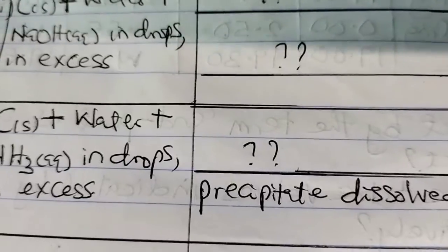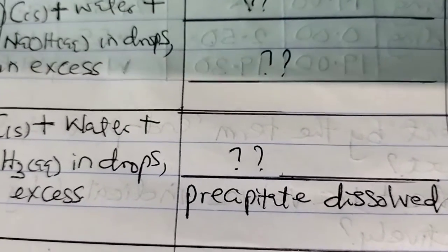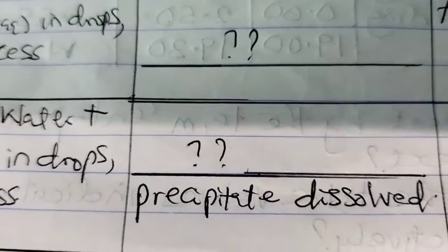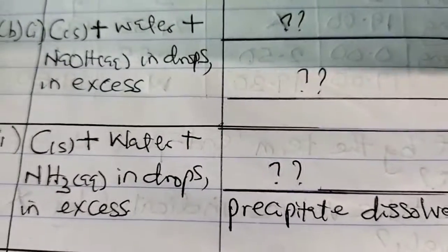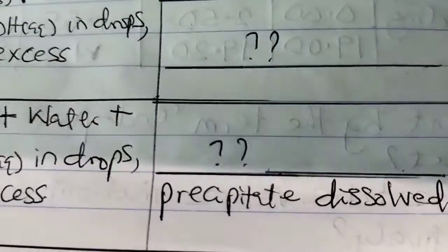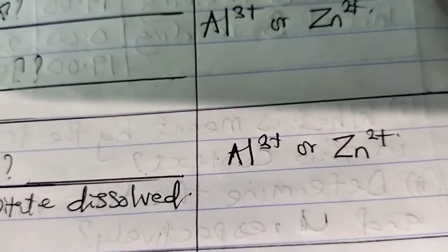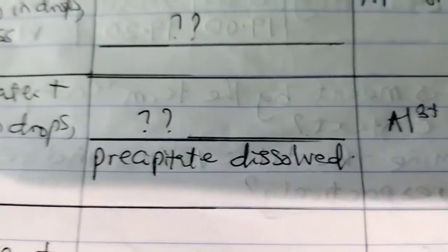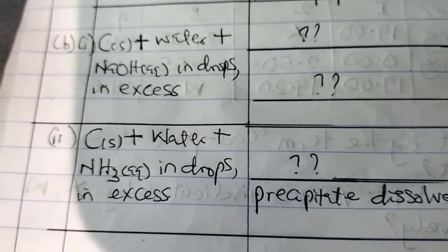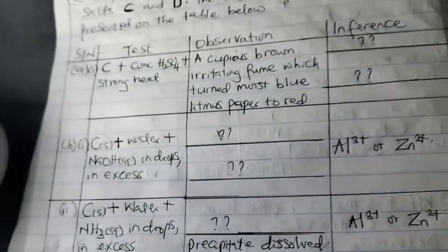So we have to fill in what happens in drops. In excess, we have been told that the precipitate dissolved. But in drops, what will happen, that we have to find out, where the question mark is. The inference is already given to us: aluminium 3 or zinc 2 ion. So that is question BII. We'll go to the solution and see what happens.